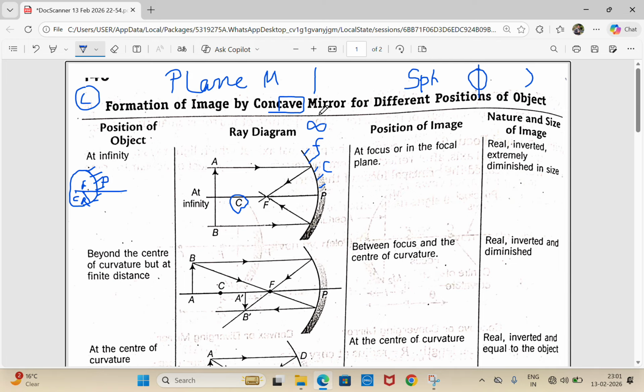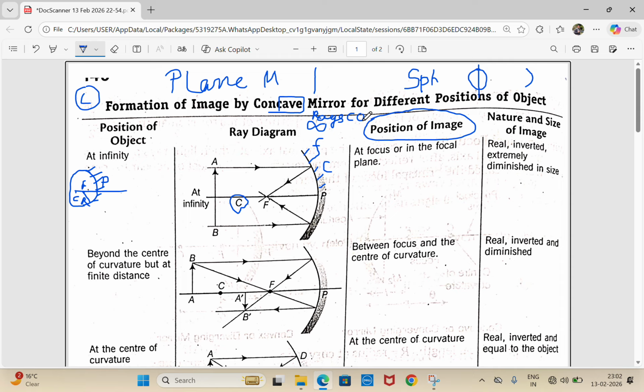These are rays coming out, and the position of the image on the other side.